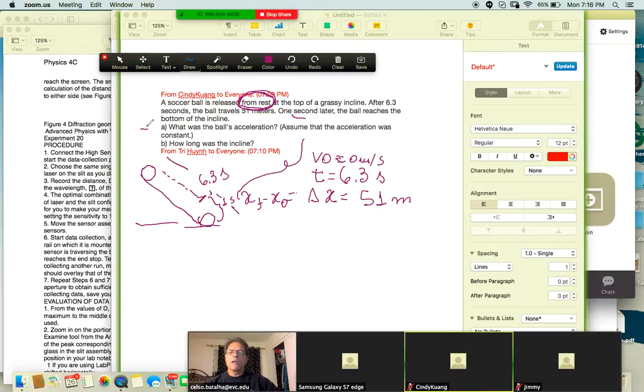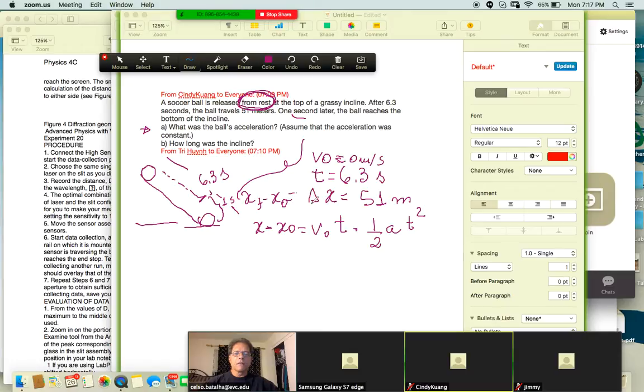So situation A, question A. What was the ball's acceleration? How do we find the ball's acceleration? We go to our equation of motion in which acceleration is included, and that is x minus x naught equals v naught t plus half times acceleration times t squared.